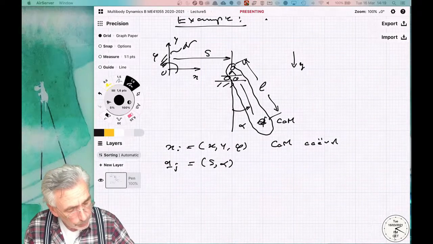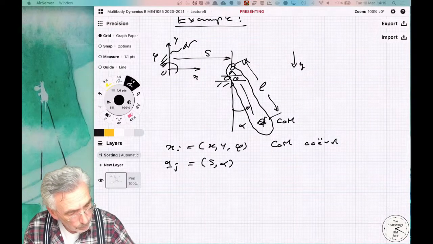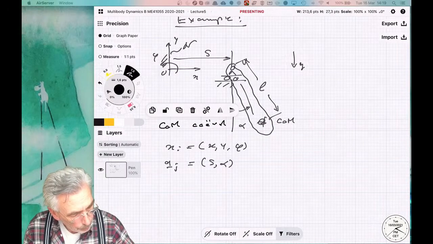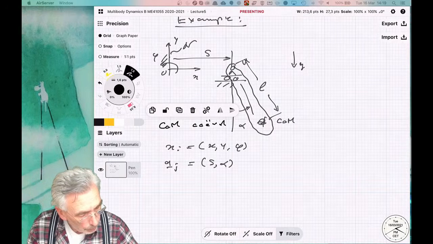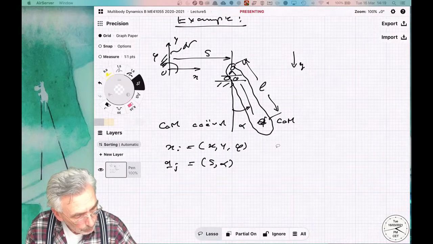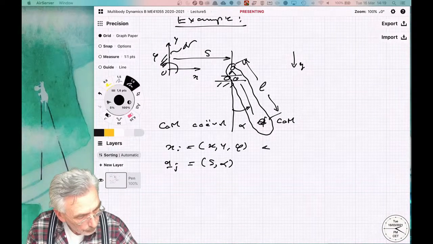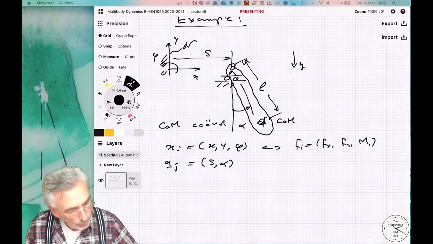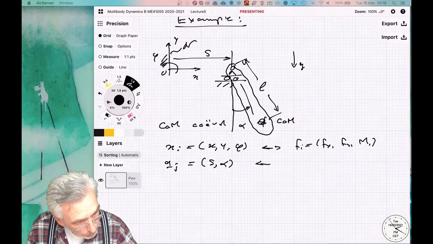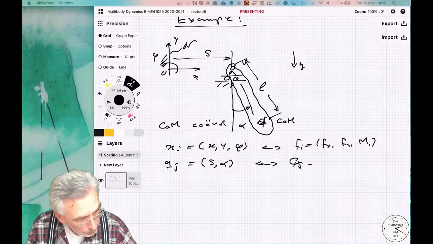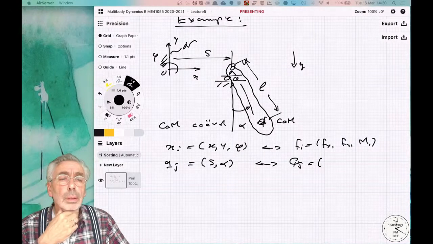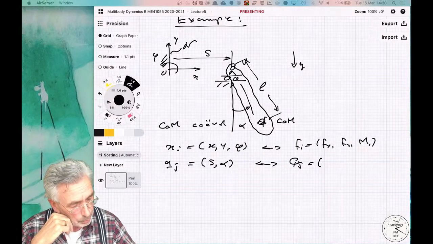Associated, of course, with these xi, the COM coordinates, are these forces Fi, which are Fx, Fy, and M. And then associated with the generalized coordinates, as we discussed, are the generalized forces. Since this is a displacement, a distance s, this is going to be a force.